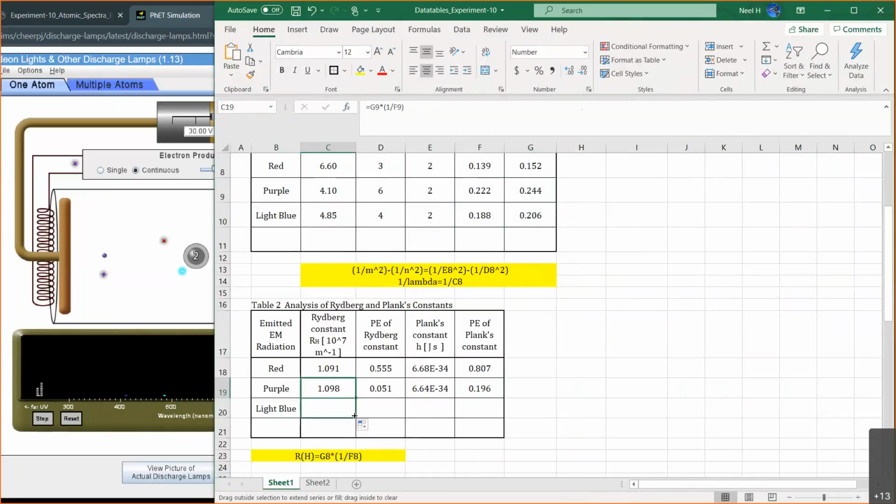You can just check what number I'm getting here, how much error is actually happening. So that's good. I think I observed it correctly. The error is less than 1%, and the error for the Planck constant is also very low. So that observation is good.